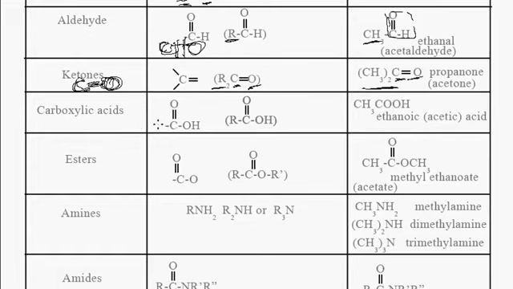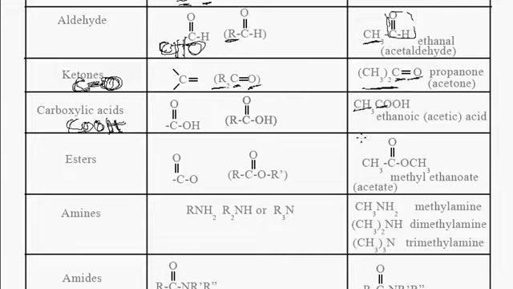The carboxylic acids are organic compounds with the COOH functional group. An example of a carboxylic acid is ethanoic acid, where I have CH3COOH.